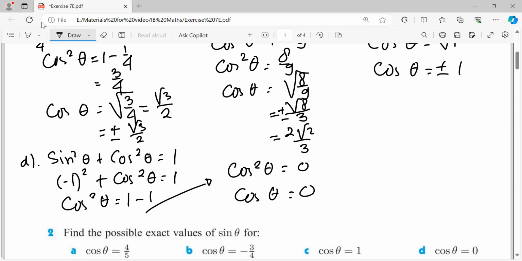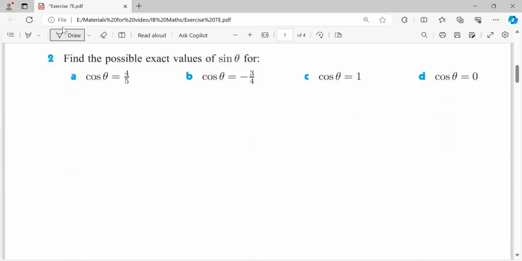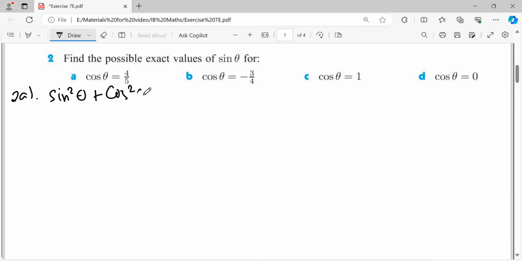Okay, as we move to number 2. Find the possible exact values of sine theta for 2a, cosine theta equals 4/5. We're going to find the values of sine theta. Again, this equation: sine squared theta plus cosine squared theta equals 1.